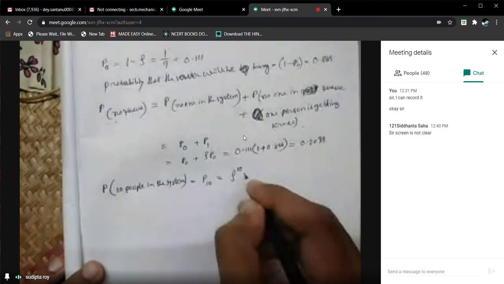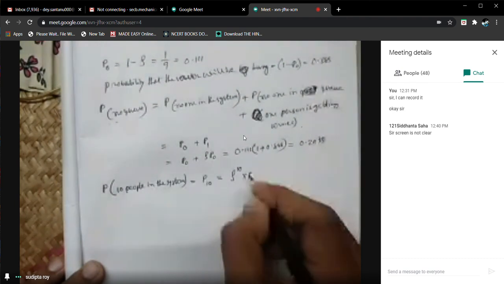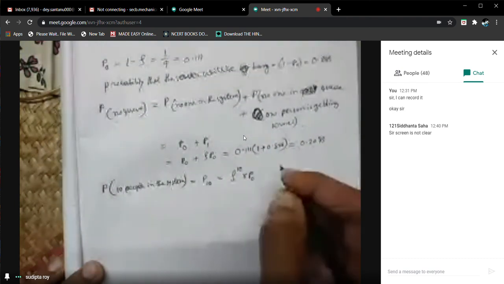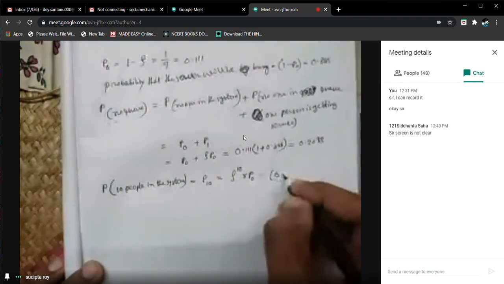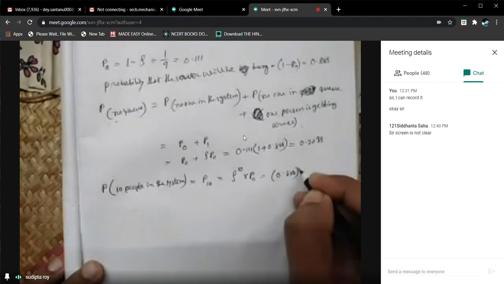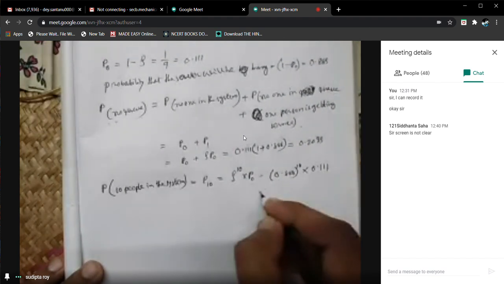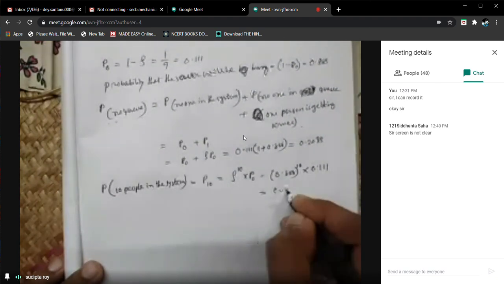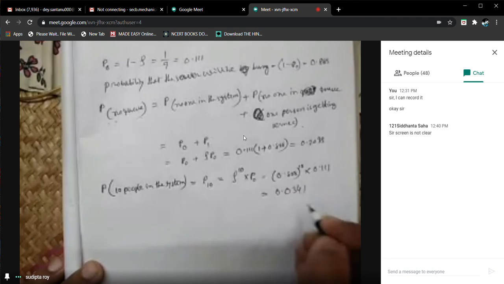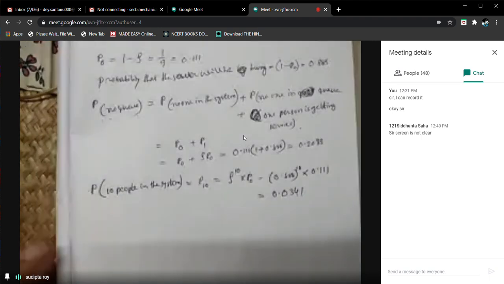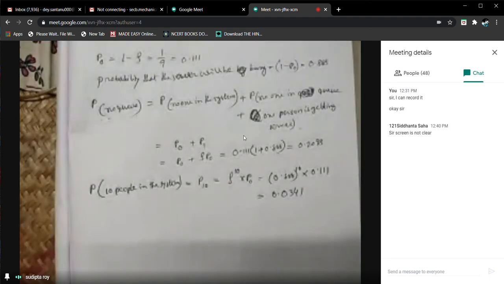So rho to the power 10 into P naught is equal to 0.888 to the power 10 into 0.111. On simplification, it will be 0.0341. So the probability that there are 10 people in the system is 3.41% or 0.0341.